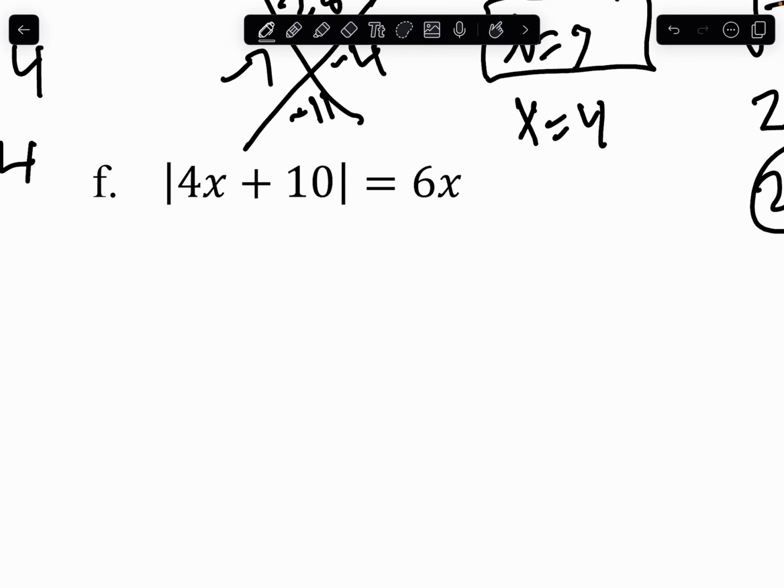Alright, so this one is already all by itself on the left. So we'll just do 4x plus 10 equals 6x, and 4x plus 10 equals negative 6x.